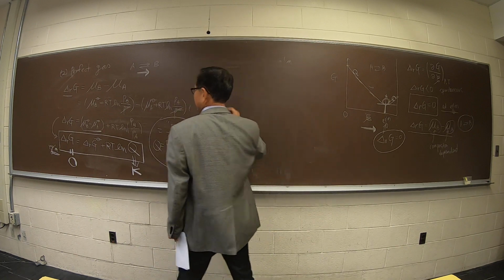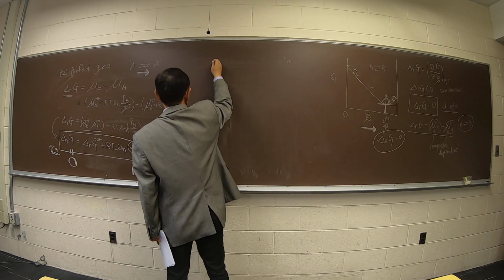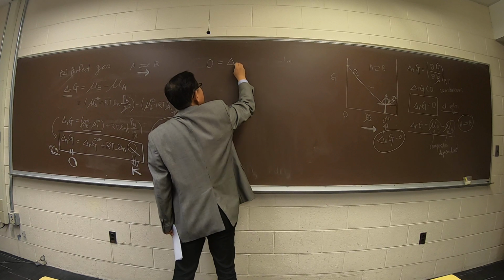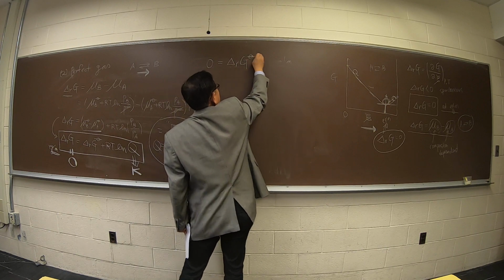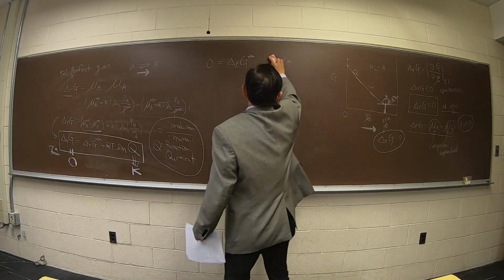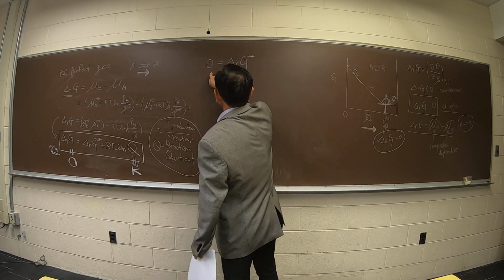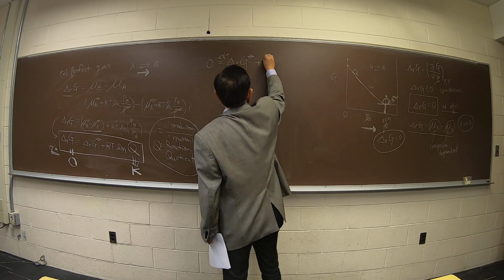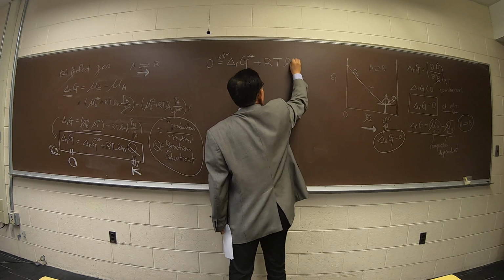This is the one that I think you typically only saw in its final form in many introductory chemistry books. So this 0 is at equilibrium, and this is the equilibrium: 0 equals delta RG standard state plus RT ln K.